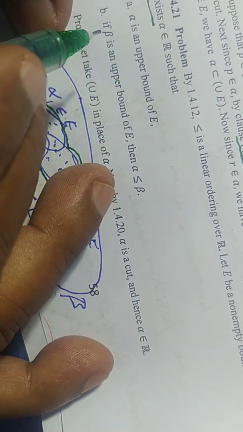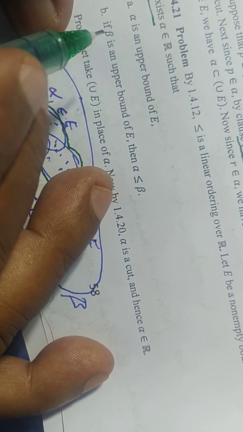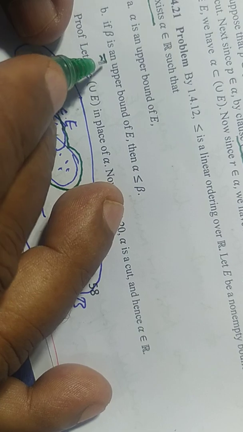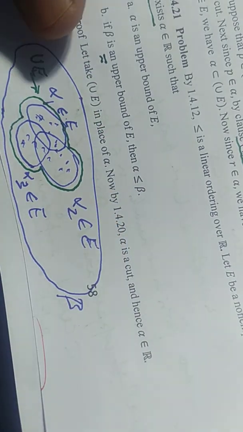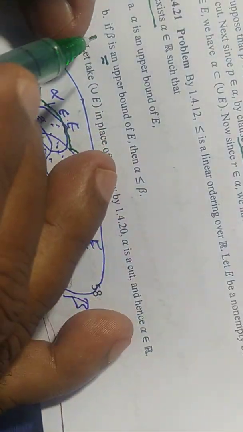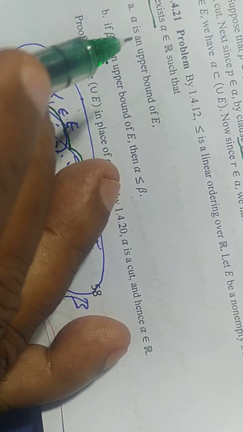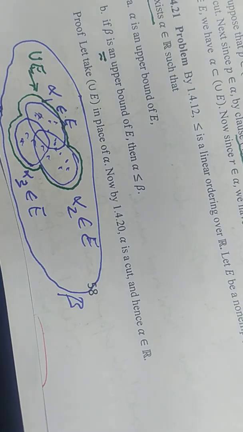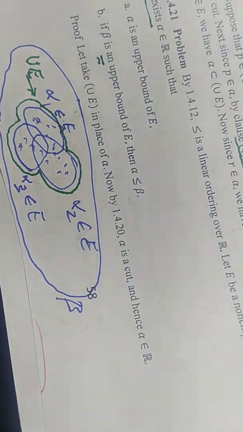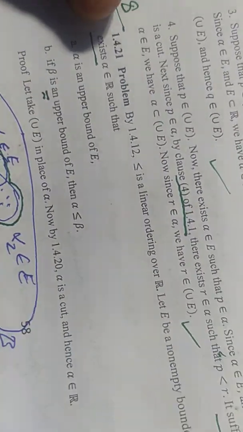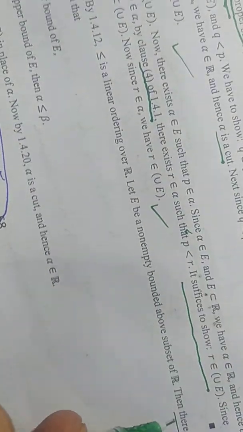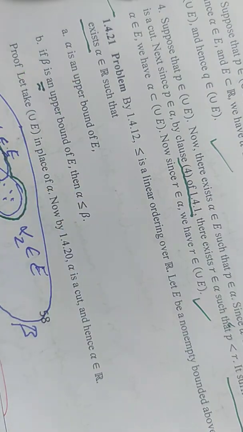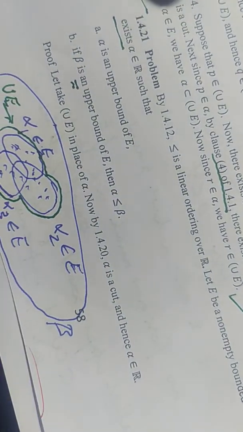It means there can be several upper bounds of E, and this alpha is smaller than each of the other upper bounds. Such a cut exists. Exist means we have to construct it.